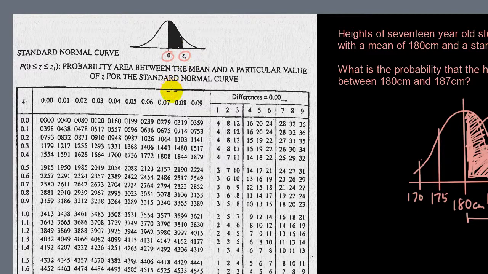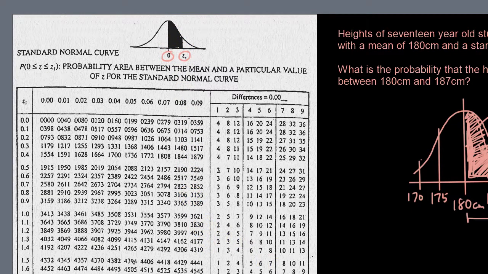If you have no idea what z-score is, please have a look at my previous probability lesson. But basically, a z-score tells you how far away from the mean you are. And the point of having a z-score is basically so that we can use this table to find out the probability of getting a number between the mean and the z-score.